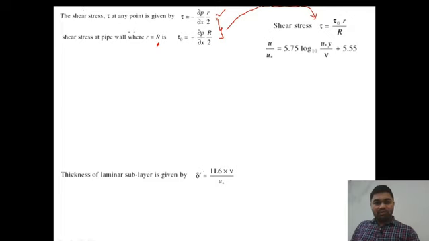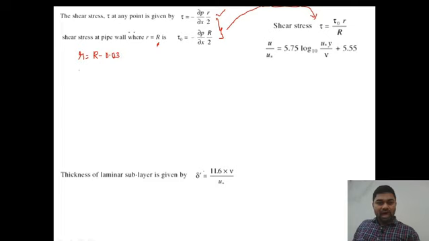Here the value of small r which we need to substitute is capital R minus the length at which we need to find it out, 3 centimeter from the pipe wall. If we convert it into meters, it will be 0.03.